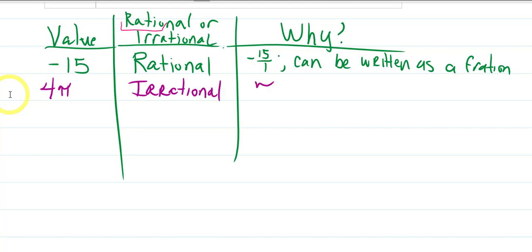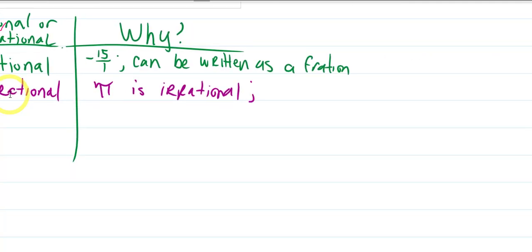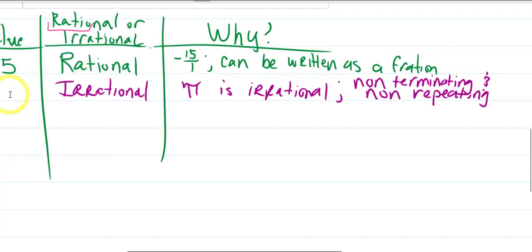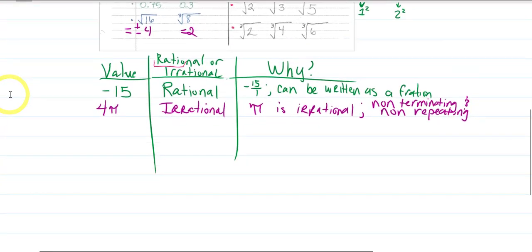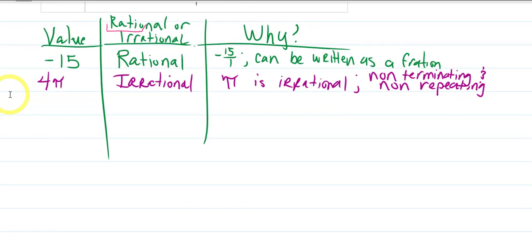And we know that pi is irrational because it is a non-terminating and non-repeating number. So if it is non-terminating and non-repeating, both of those things, it is irrational. All right, let's try a couple more.